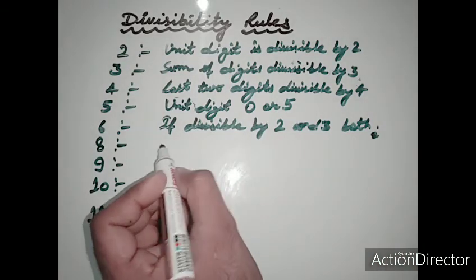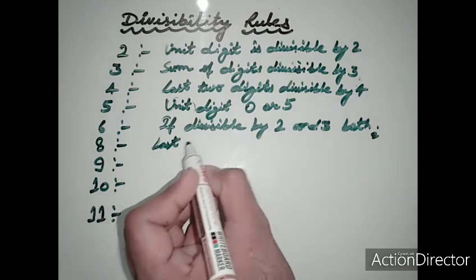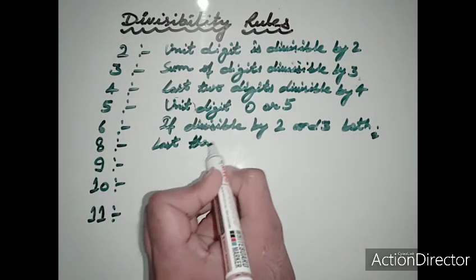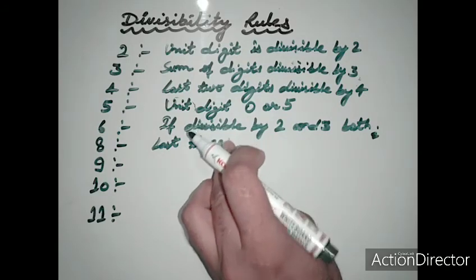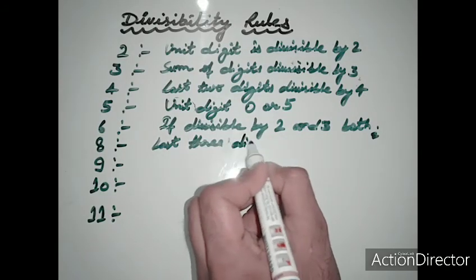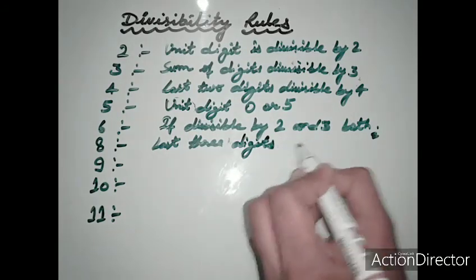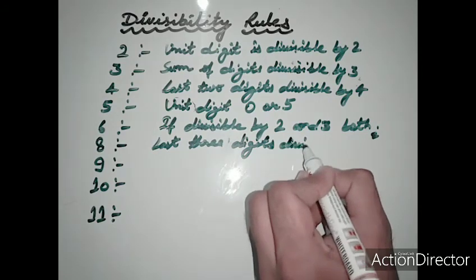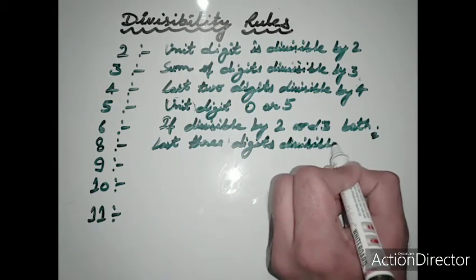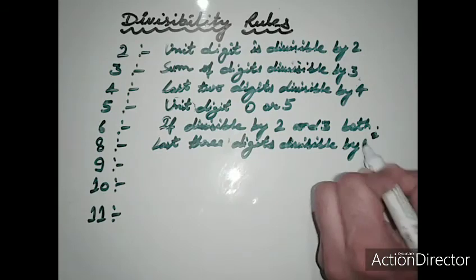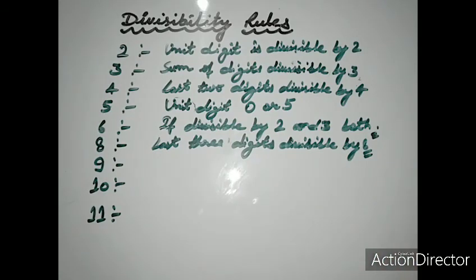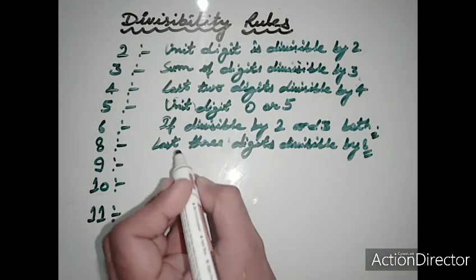Now 8. If the number formed by the last 3 digits is divisible by 8, the whole number is divisible by 8. 9.